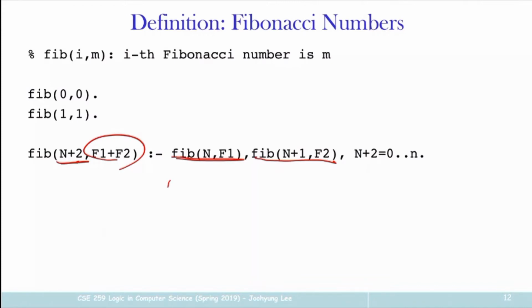I used this because I want to generate Fibonacci numbers from 0 to nth. Otherwise, Clingo will have to generate infinitely many Fibonacci numbers, and that is not possible. So this tells me that n plus 2 here will range from 0 to n.